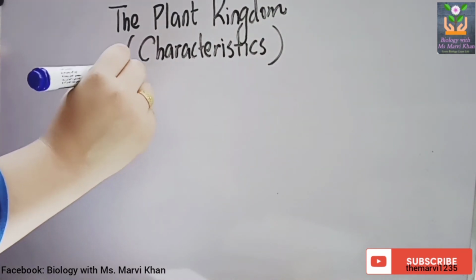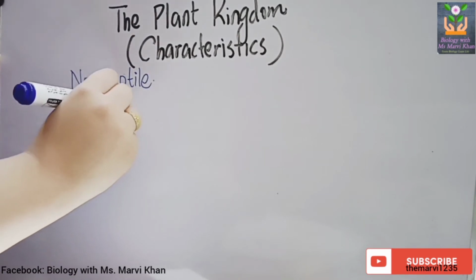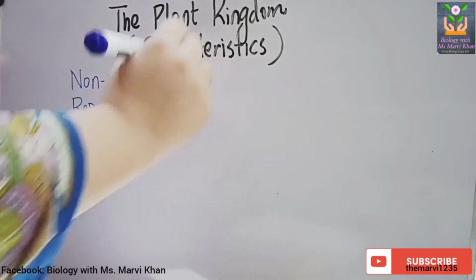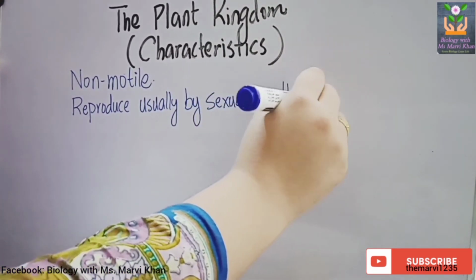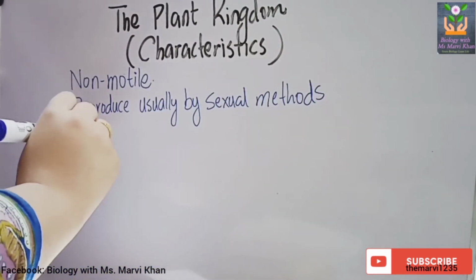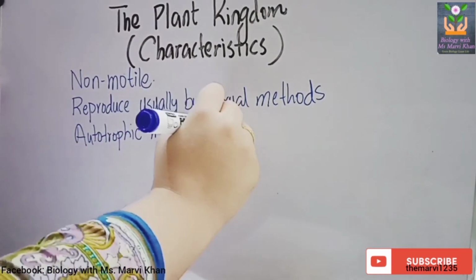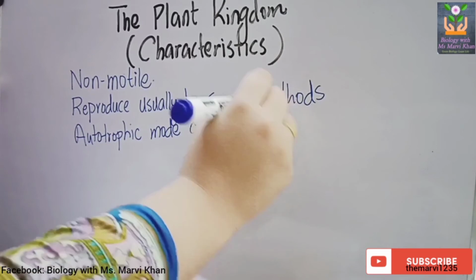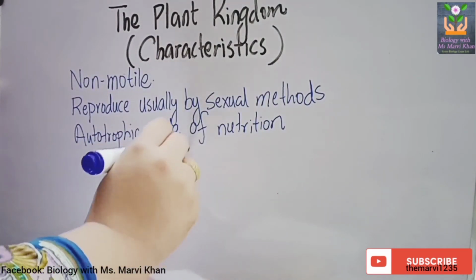Some of the characteristic features shared by all plants in kingdom Plantae are as follows. They are non-motile. They usually reproduce by means of sexual methods. They follow the autotrophic mode of nutrition, in which they prepare their own food by the process of photosynthesis.